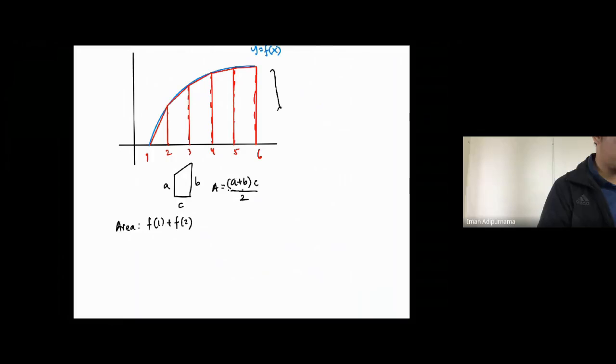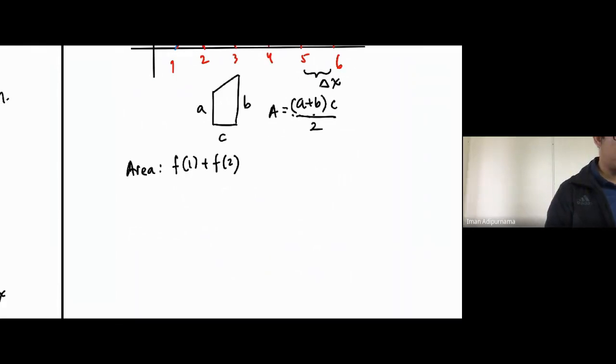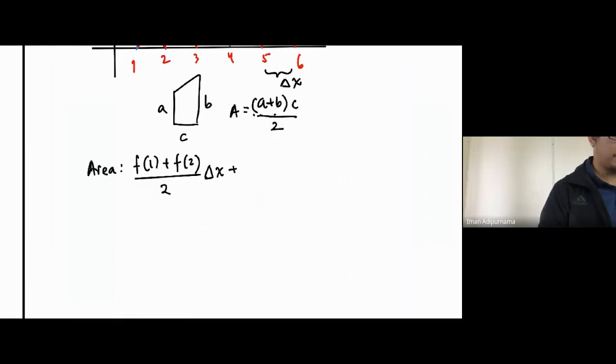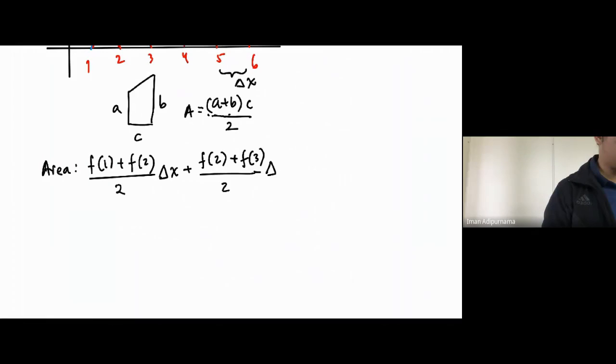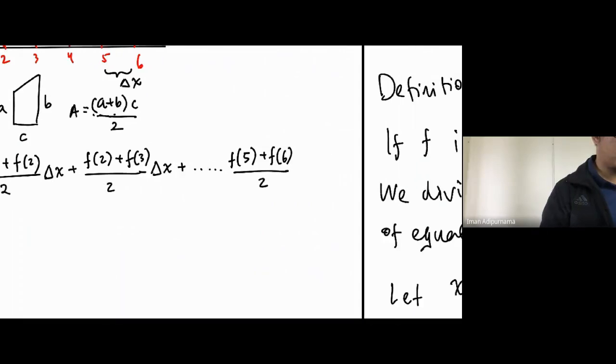If this is the f(x), right, and this will be the delta x. So (f1 plus f2) divided by 2 times delta x, plus (f2 plus f3) divided by 2 times delta x, plus, let's say we finish at the last one, 5, 6, divided by 2 times delta x.